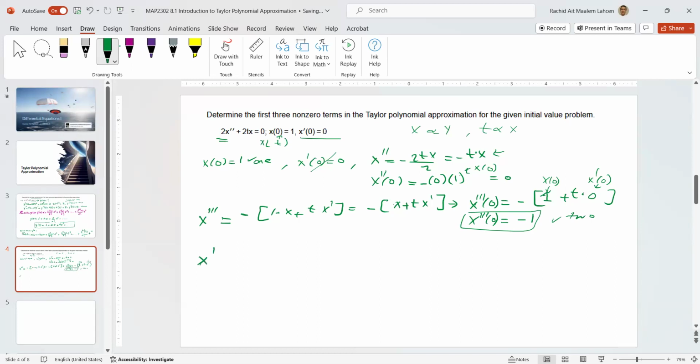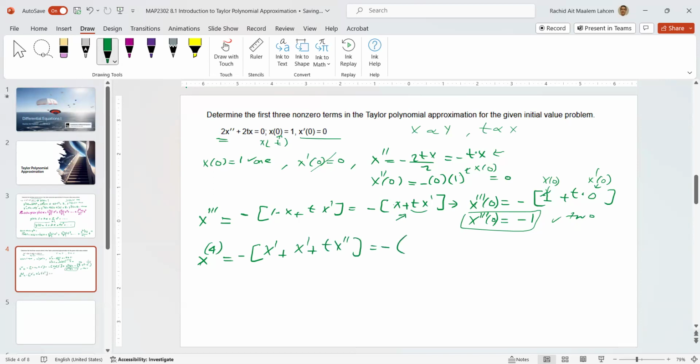The fourth derivative, we're going to differentiate this. So it's going to be negative 2x prime. Product rule again: x prime plus the x double prime.